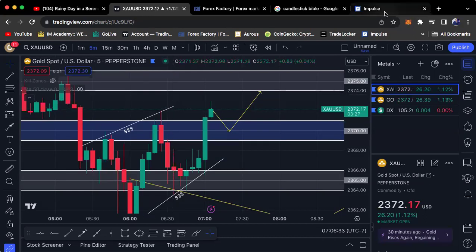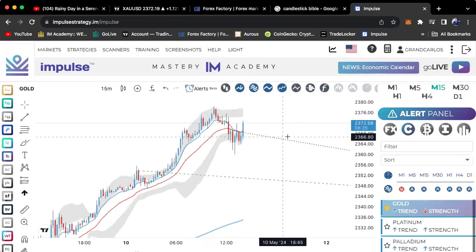Are you guys getting some value? Looking at impulse. It broke above. Let's refresh it.